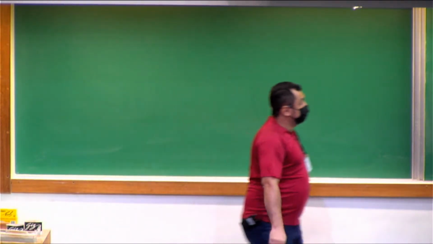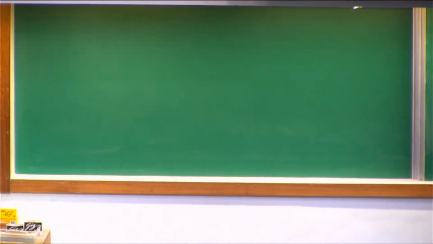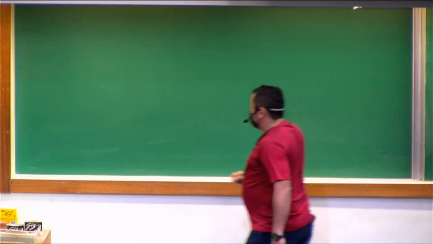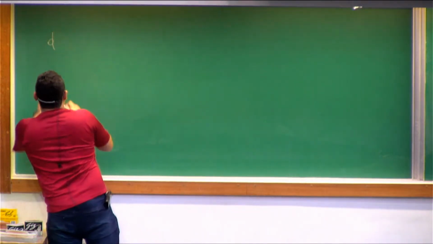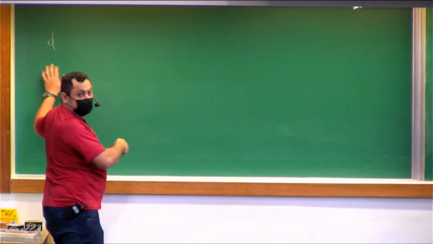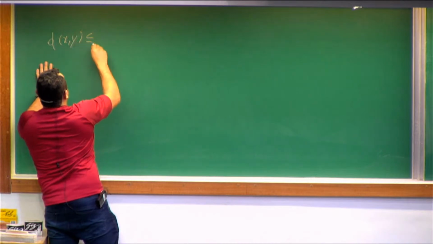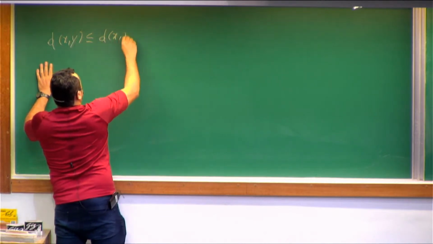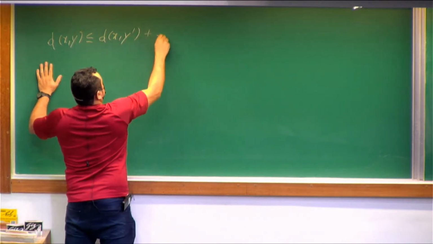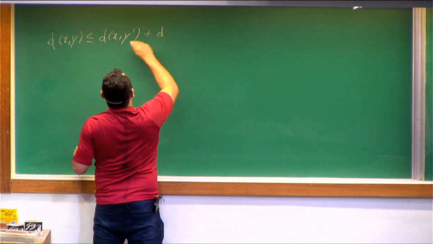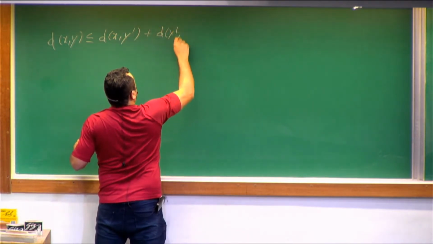The point is, of course, the inner distance of here to here is less than the inner distance of here to here and then of here to here. Let me call it only D. The distance in the tangent cone of x to y is less than the distance of x to y prime plus the distance of y prime to y.